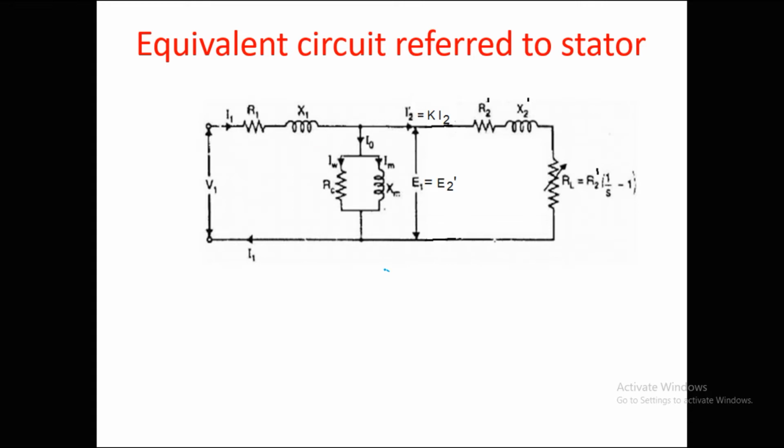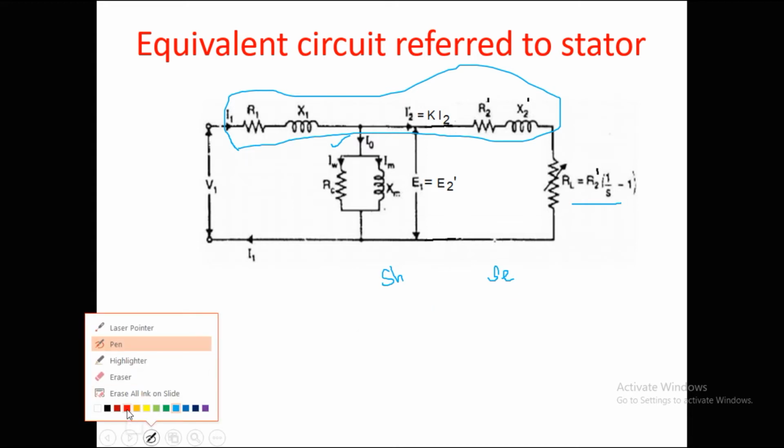This is called the shunt branch parameter, and the rest of the elements, that is R1, X1, R2 dash, X2 dash, are called series branch parameters because they are in series with the supply voltage, and this is the electrical equivalent of mechanical output.